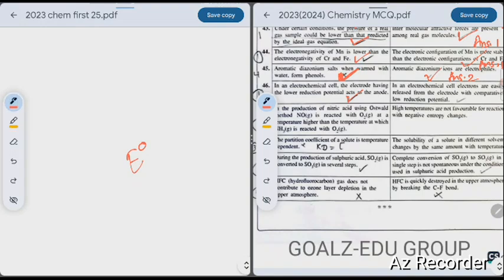So if the E0 value is lower, it is given for the anode, and the higher E0 is given for the cathode. That's how we select the anode and the cathode. So in an electrochemical cell, the electrode which has the lower reduction potential acts as the anode.